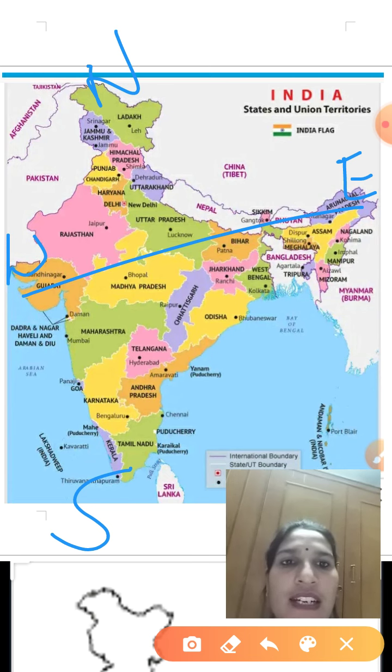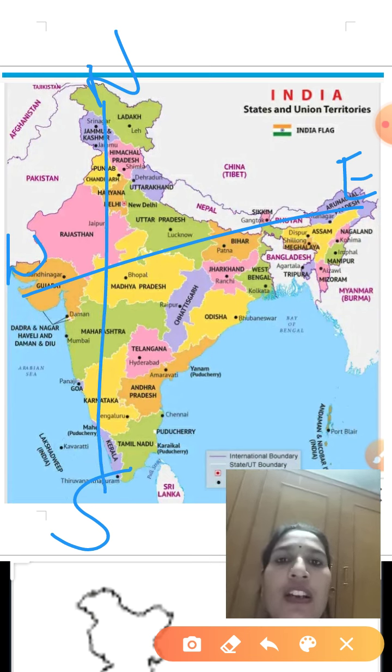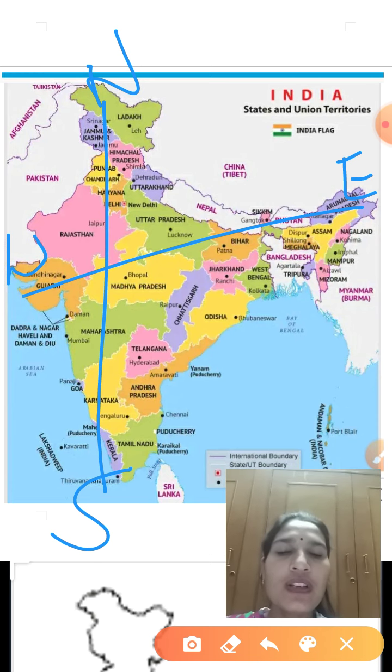From east to west it is from Arunachal Pradesh to Gujarat, and from north to south it is from Ladakh to Kanyakumari. So this is the mainland extension of India.